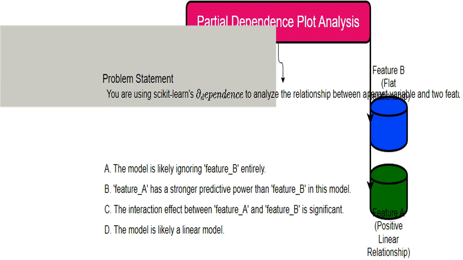We are given a machine learning model and its partial dependence plots for two features, feature_A and feature_B. I'm analyzing the plots to determine the relationship between the features and the target variable, as well as making inferences about the model itself. It's like a detective story where the plots are our clues.